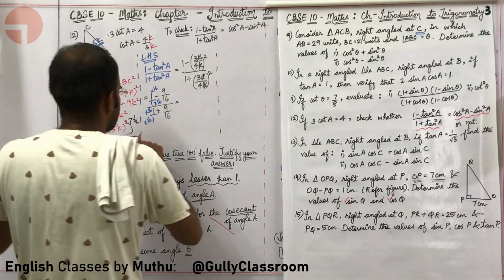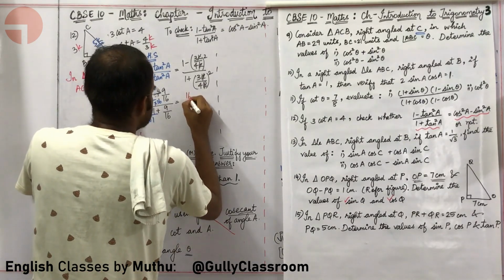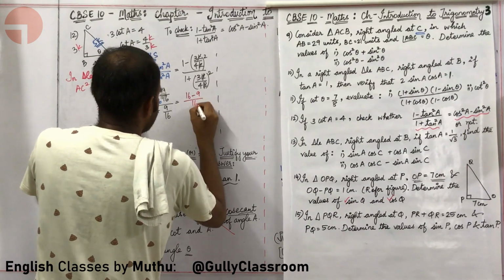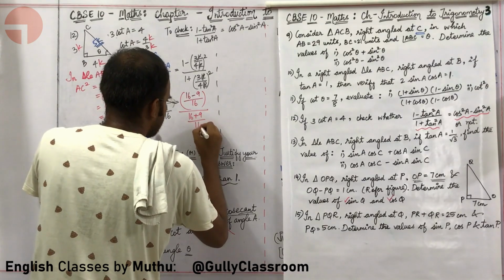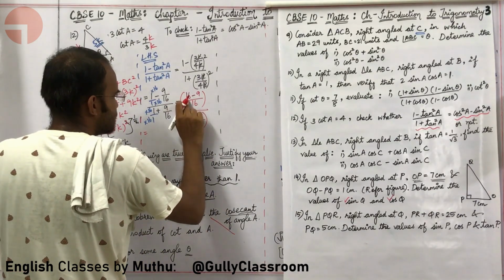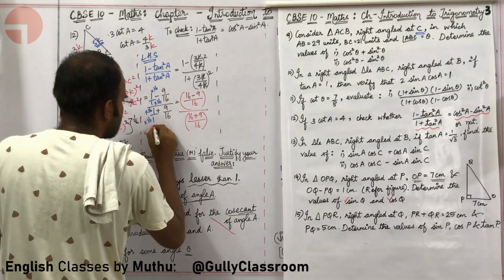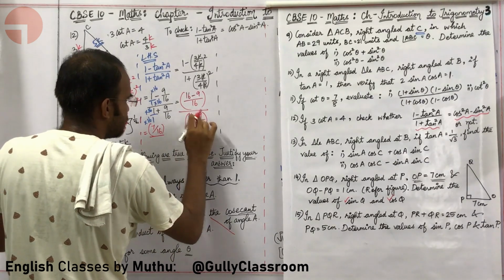What will happen? Here I will get 16 minus 9 whole divided by 16. What next? Here I will get 16 plus 9 whole divided by 16. Fine, sir. Now, how will I write this? What is 16 minus 9? 16 minus 9 is 7 divided by 16, whole divided by, once more, what is 16 plus 9?